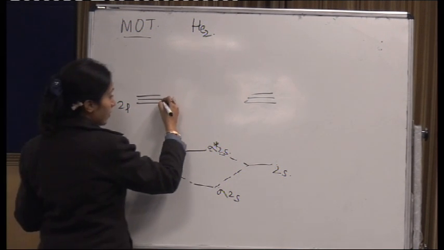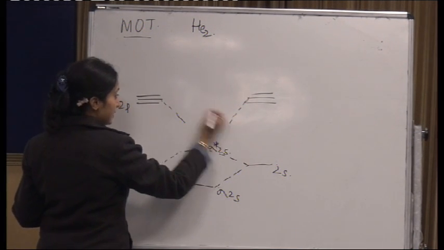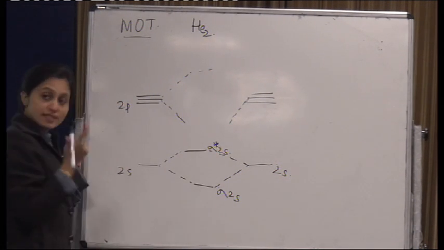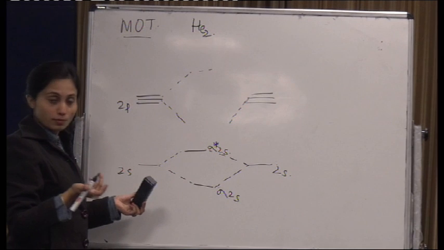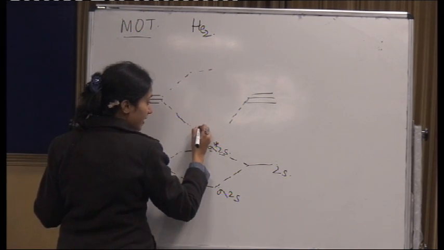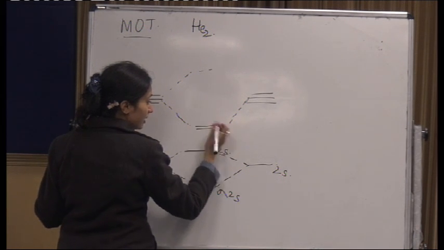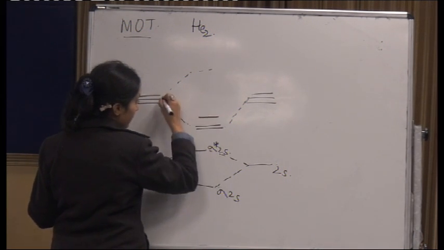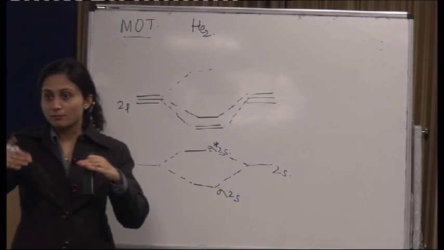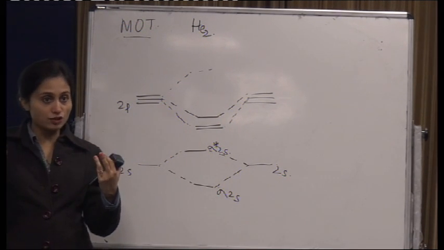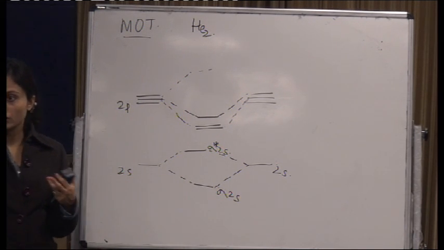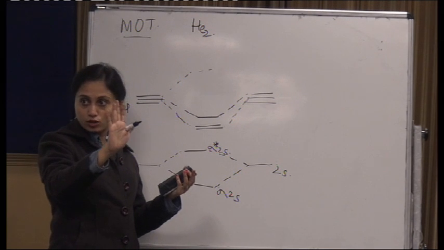Okay? And then you have p combining. Now 3 plus 3, 6. So we should get 6 molecular orbitals only. Here you have pi 2px and pi 2py located lower in energy than your sigma. Because of course pi 2px and pi 2py will have similar energies, because both are interacting in a sideways fashion and both are yielding bonding and anti-bonding molecular orbitals in a similar fashion. The px and py diagram was also the same if you remember.